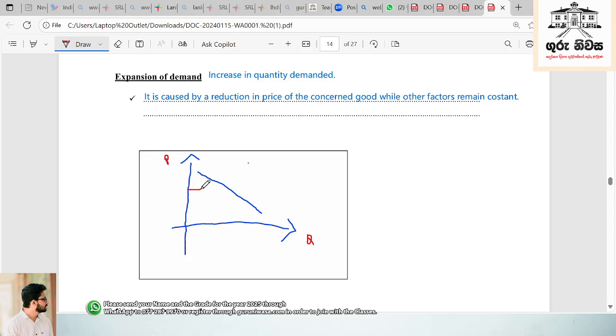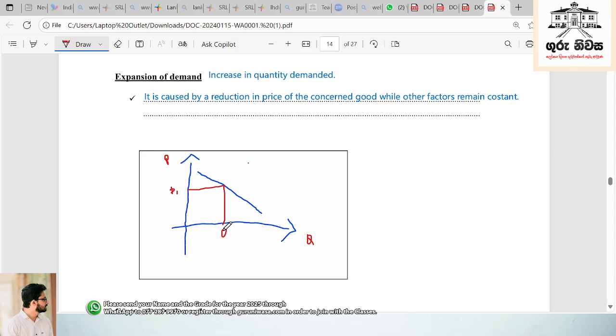This is the original price and quantity. Say price P1 and quantity Q1.